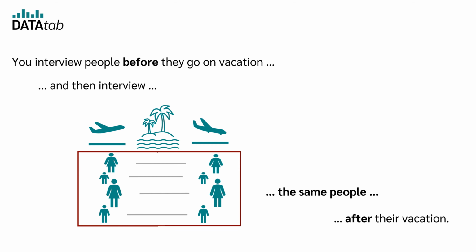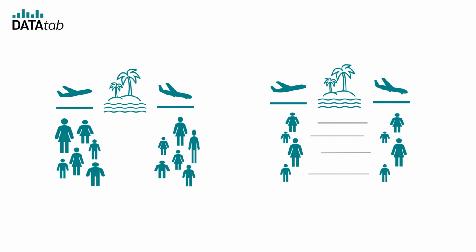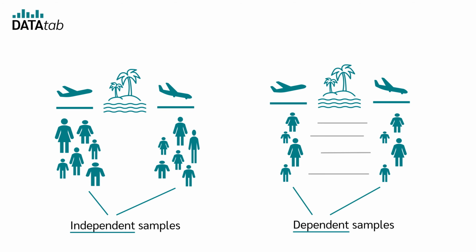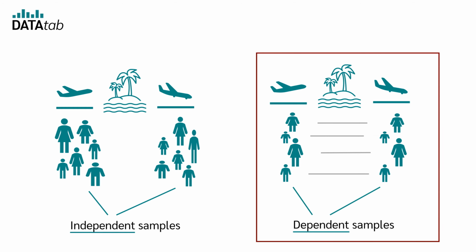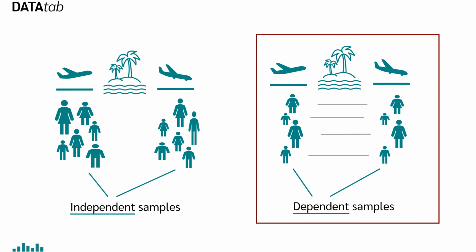In this case, you would have a dependent sample, so the measured values are always available in pairs, so you have two values for exactly the same person. Therefore, if the people have nothing in common with each other, you have an independent sample. If the people you ask before and after are exactly the same people, the measurements are in pairs and you have a dependent sample. In this case, the t-test for dependent samples is used.